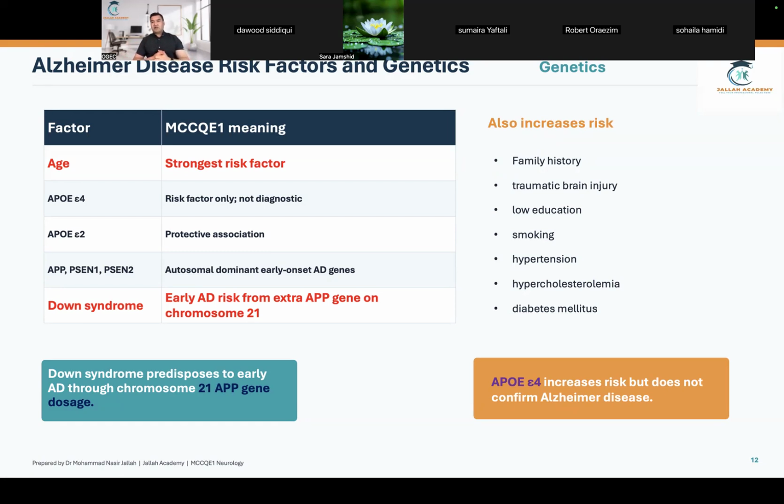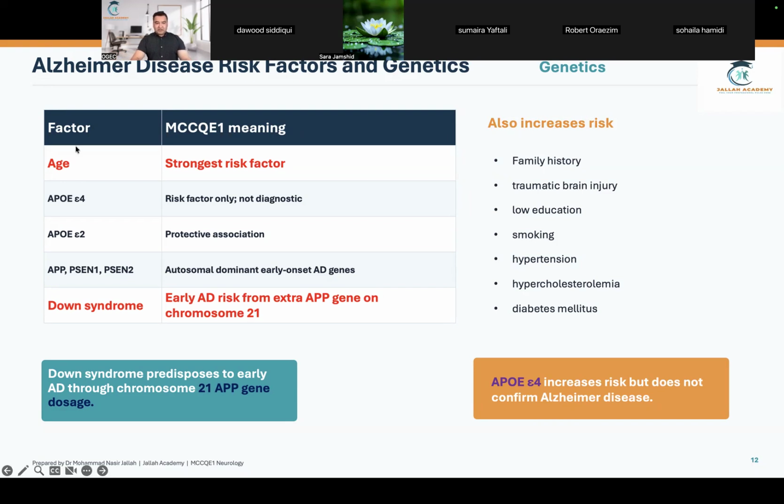He got lost twice while he was going back from the shopping mall to his place. So see, now you know the patient is having Alzheimer. And then the question at the end is, what is the most or strongest risk factor for this patient's condition? The strongest risk factor for this patient is age. Okay? Age is the strongest risk factor. So this is how they're going to ask you the question.